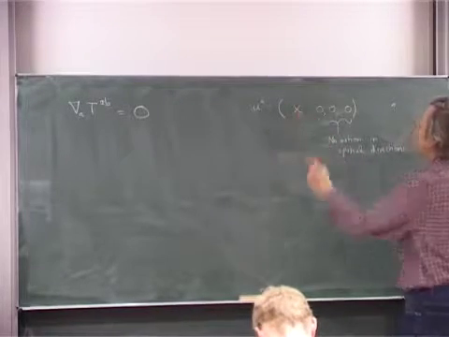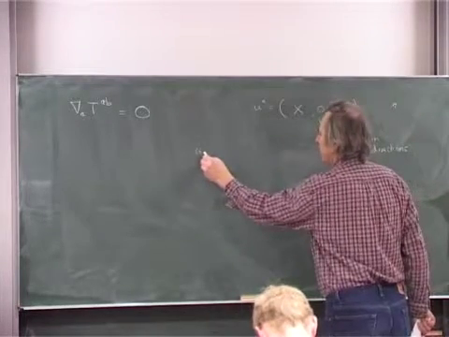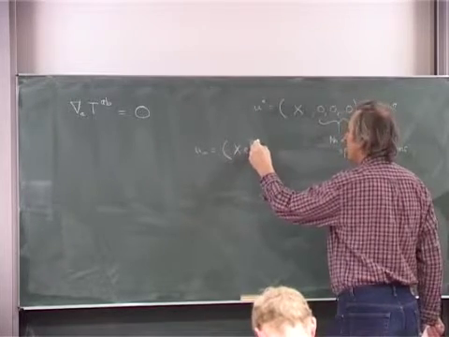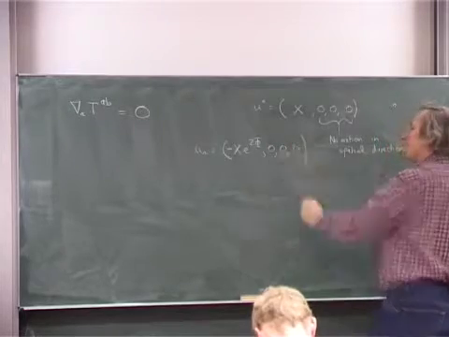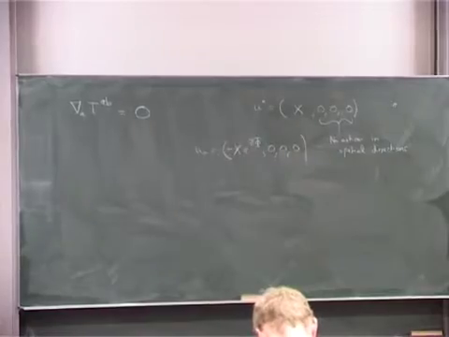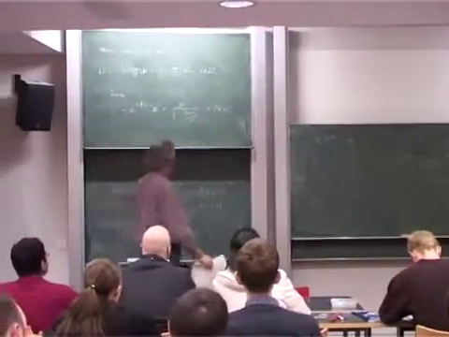Let's call it x. Whatever x is, U_A with its indices downstairs will be equal to x e to the 2 phi with a minus sign in front of it, because the only time component of the metric is the minus e to the 2 phi that we have there. So that must be what it is downstairs.